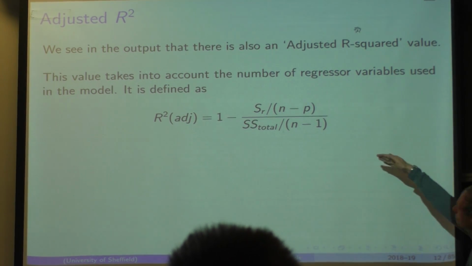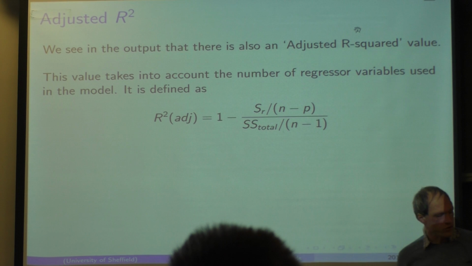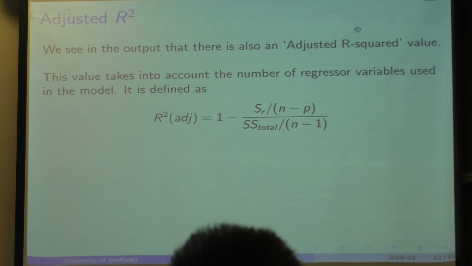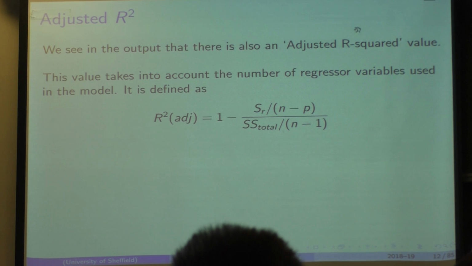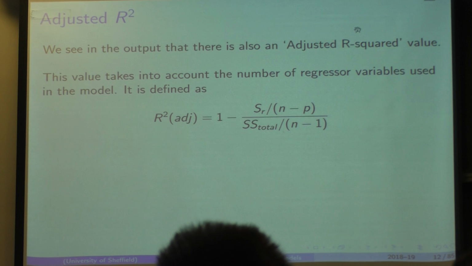This is similar, but it has this adjustment, which is that when we do that 1 minus the ratio, we adjust the ratio by dividing the residual sum of squares by n minus p, and we divide the total sum of squares by n minus 1.